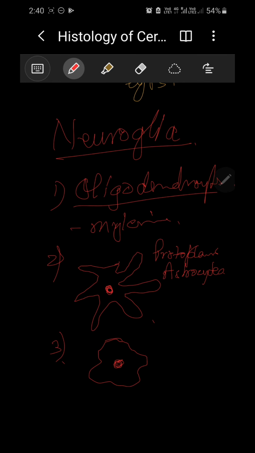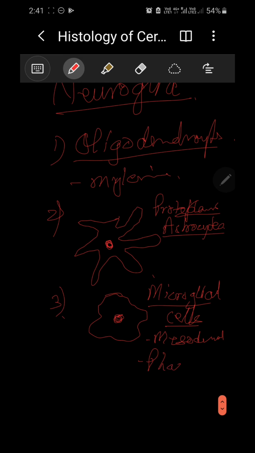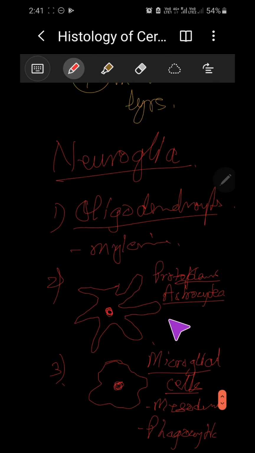The oligodendrocytes and protoplasmic astrocytes were neuronal in origin, right? But this one is the microglial cells. These are mesodermal, and these are phagocytic cells.